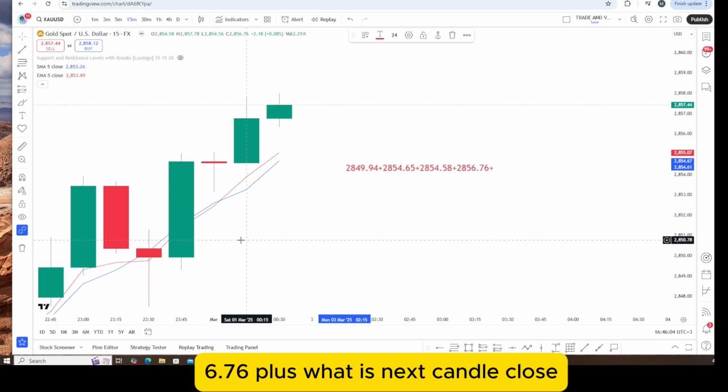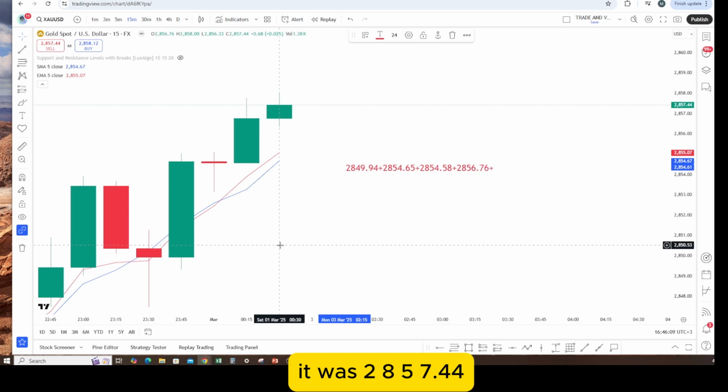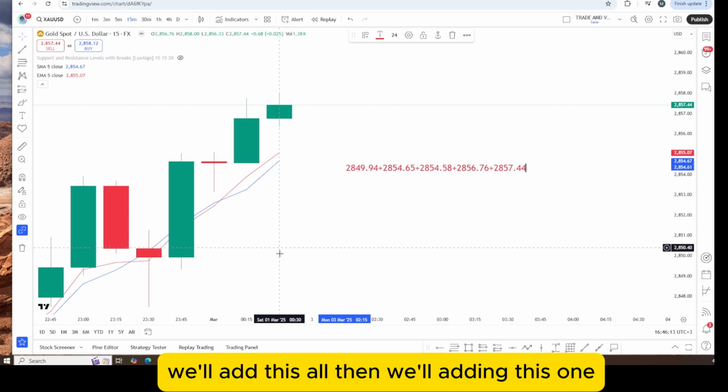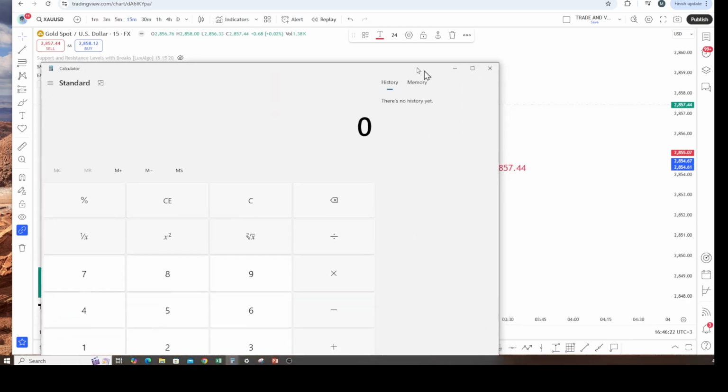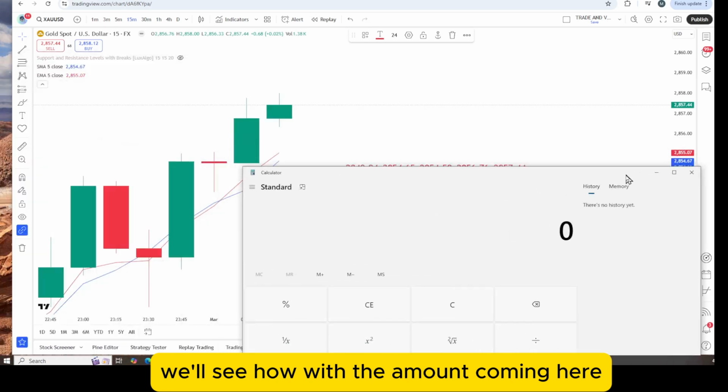Plus, what is the next candle close? It was 2857.44. We'll add all of this and see how the amount comes out.